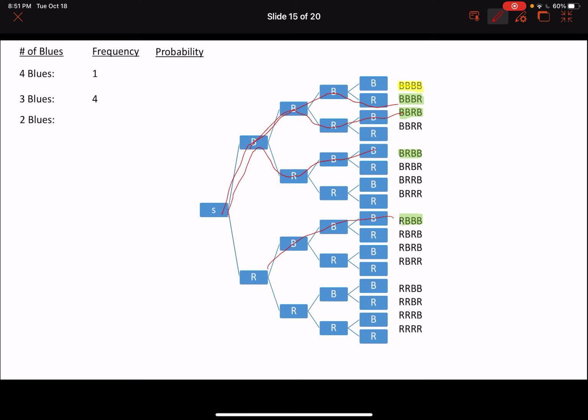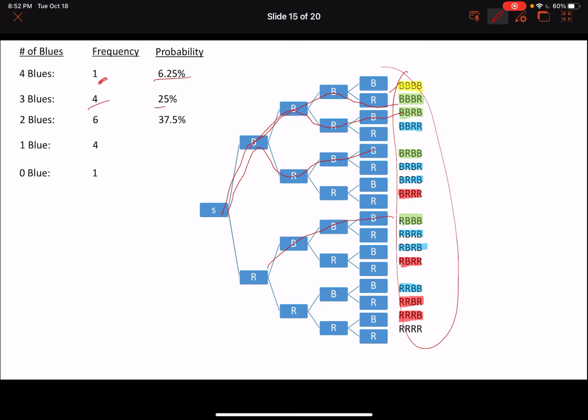And then we have 2 blues. It happens 6 times. And then 1 blue. It happens 4 times. And then no blues. It's just 1 time. And we calculate these probabilities by saying 1 divided by 16 outcomes. We get 6.25%. 4 divided by 16, well, 4 over 16 is 25%.